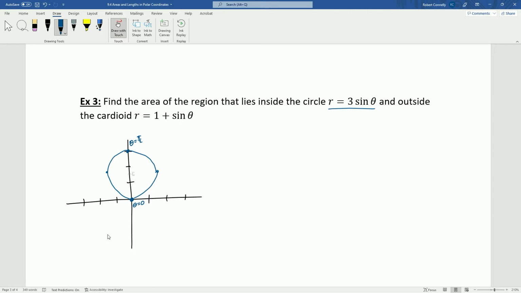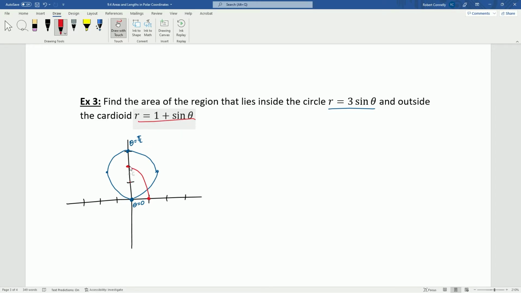Now let's do our best to graph this cardioid, 1 plus sine of theta. So when theta is 0, we get 1. So that puts us here. And when theta is pi over 2, we should get 1 plus 1, which is 2. So it should go up to here. Now, when theta is pi, we should get 0 again.